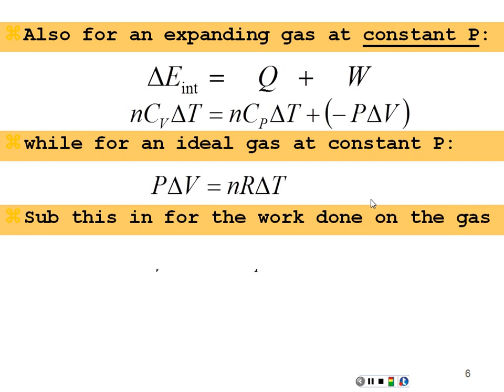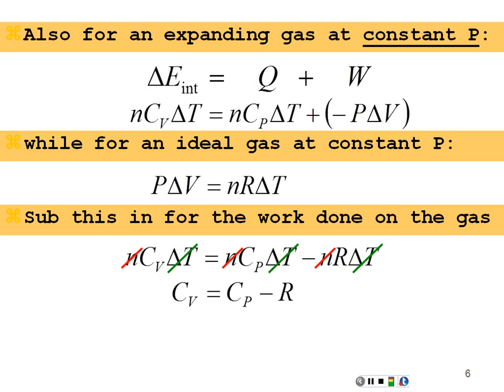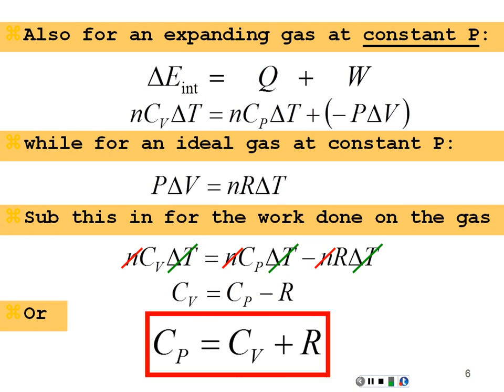We now have this: number of moles, C sub V delta T equals number of moles C sub P delta T minus number of moles R delta T. Number of moles cancel out, the delta T's cancel out, and I'm left with molar specific heat at constant volume is equal to the molar specific heat at constant pressure minus our gas constant R. Or in other words, the molar specific heat at constant pressure is equal to the molar specific heat at constant volume plus R. What a neat result.